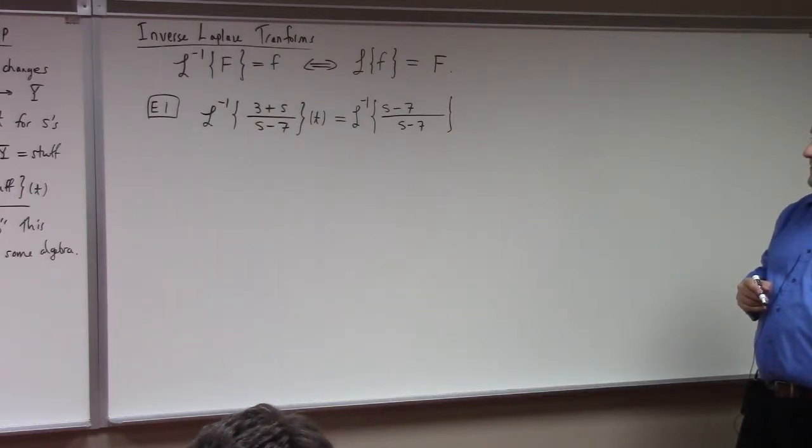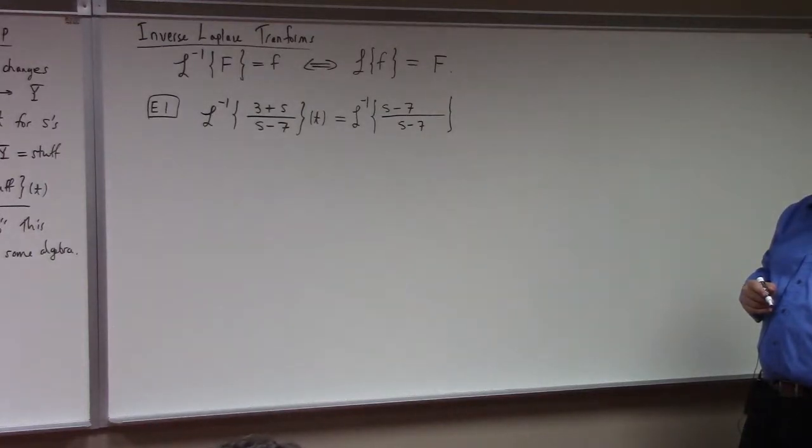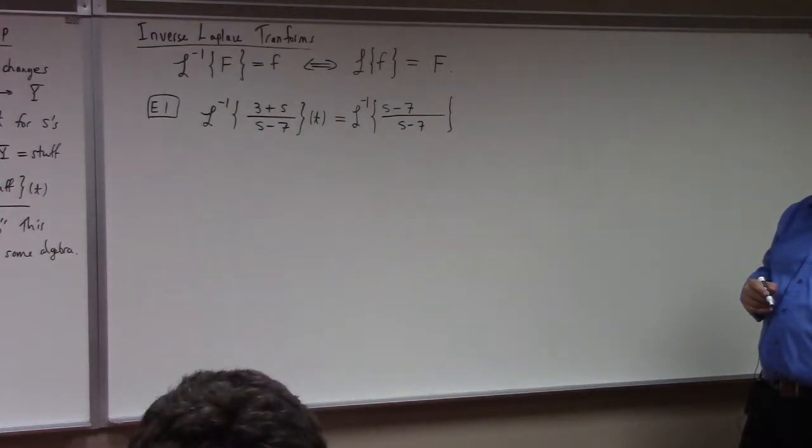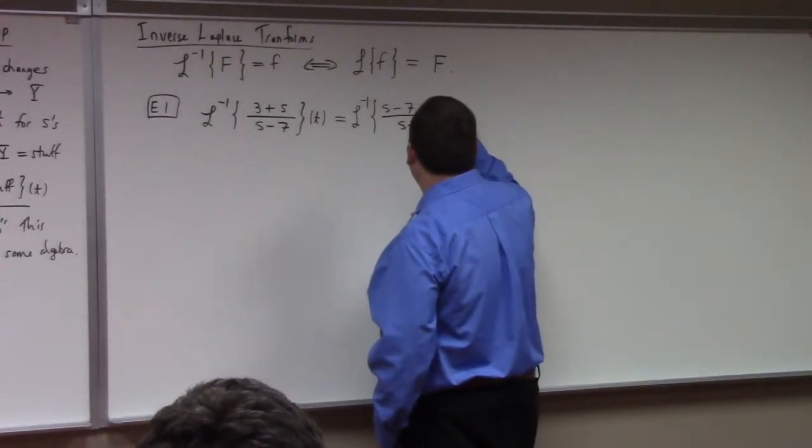Yeah, that has to be 3 plus s. It's true, I put s minus 7, I started with 3 plus s. What else do I need for the numerators to be equal before and after the equality? Yeah, plus 10. Now, the reason I did that is fairly obvious, right?